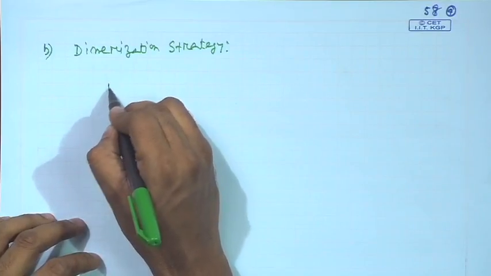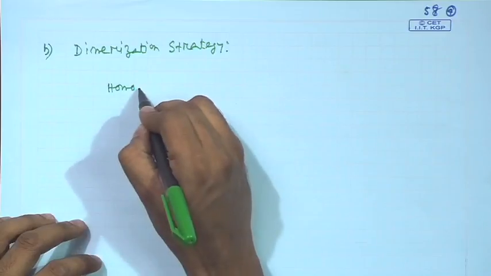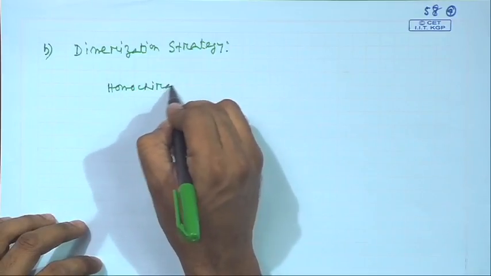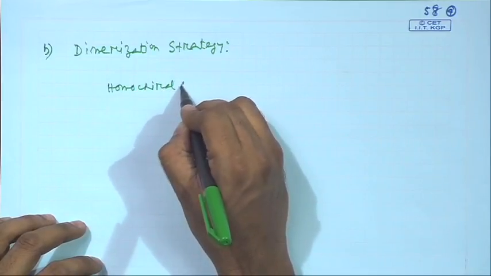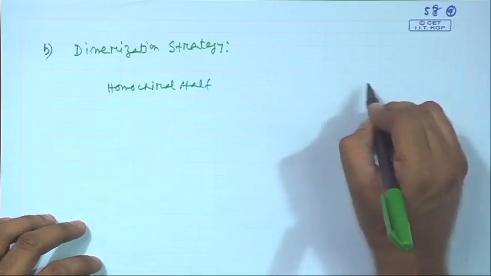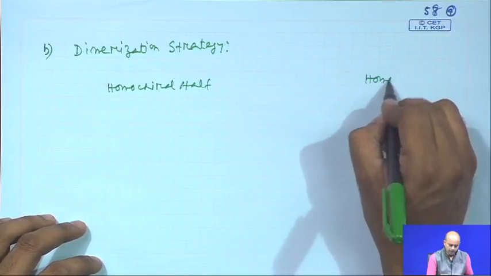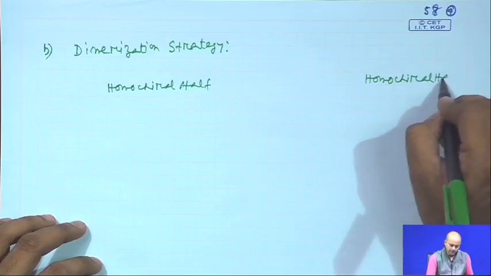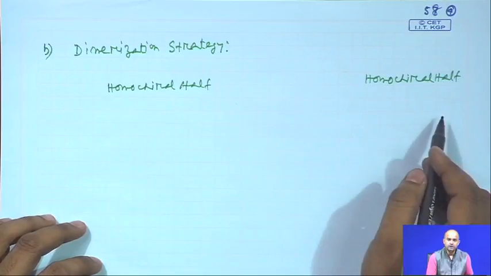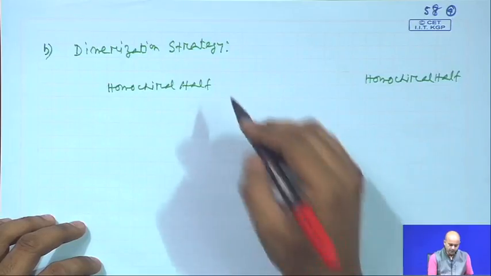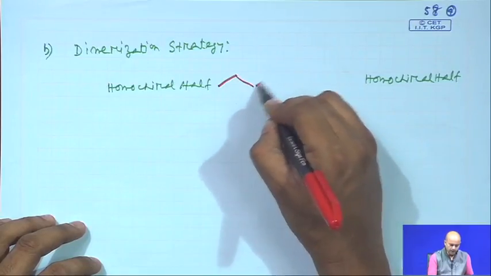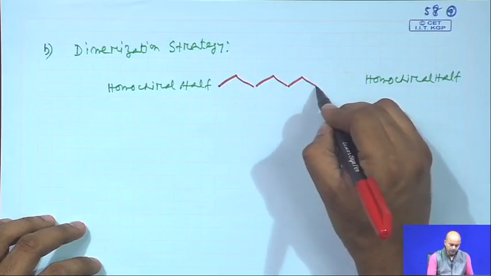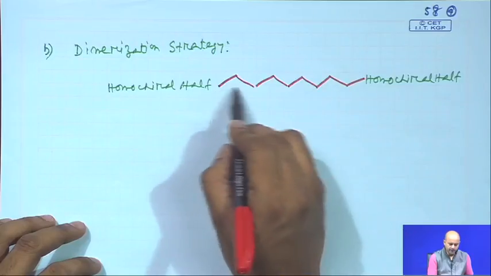So, your compound will be something like this, you have one homochiral half and you have another homochiral half. Homochiral half means they have the same sense of chirality. If they are enantiomeric to each other, they will be heterochiral. Here, two homochiral halves you basically dimerize through some achiral spacer.